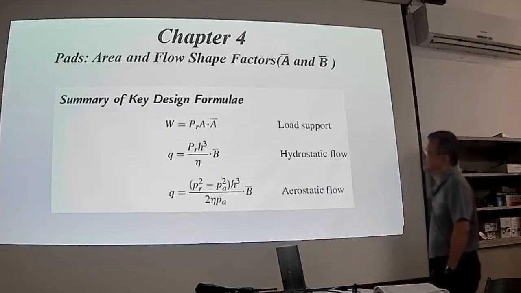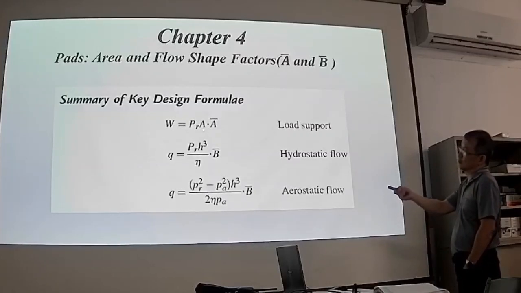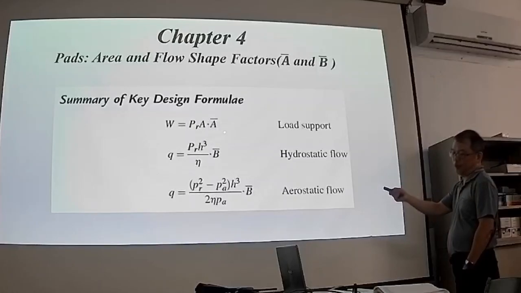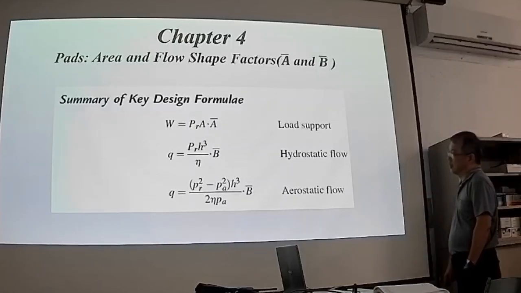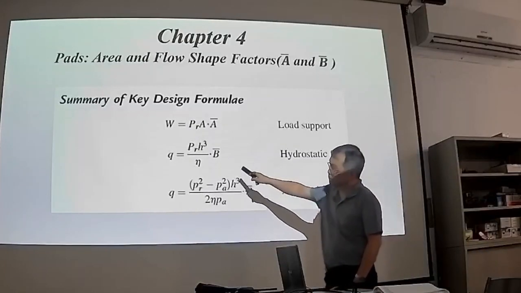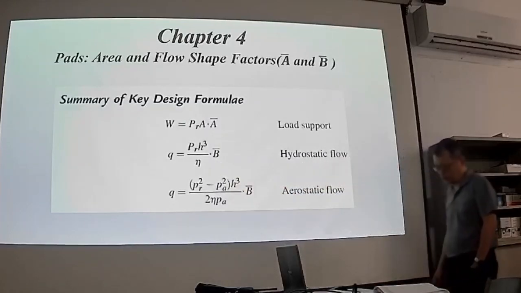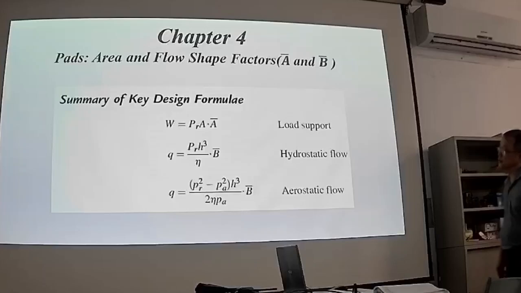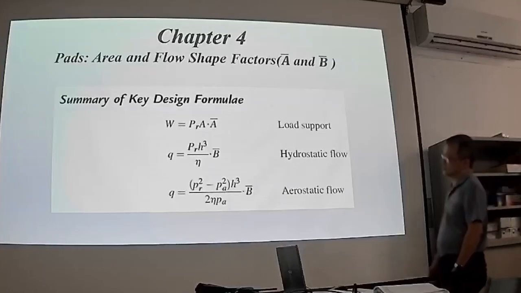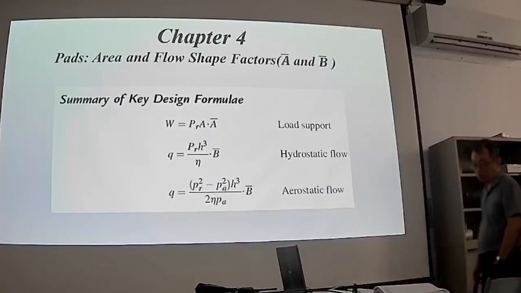The key formula for this one is load capacity equal to PR multiplied by the equivalent pad area. And also, we are going to tell you how we can estimate the volume flow rate for each bearing. Similarly, for the aerostatic bearing, you will have a formula for that.